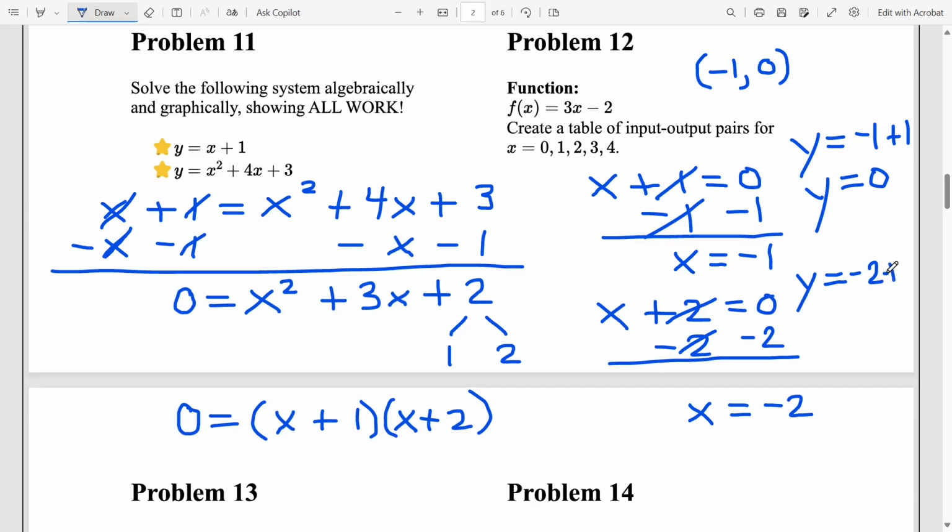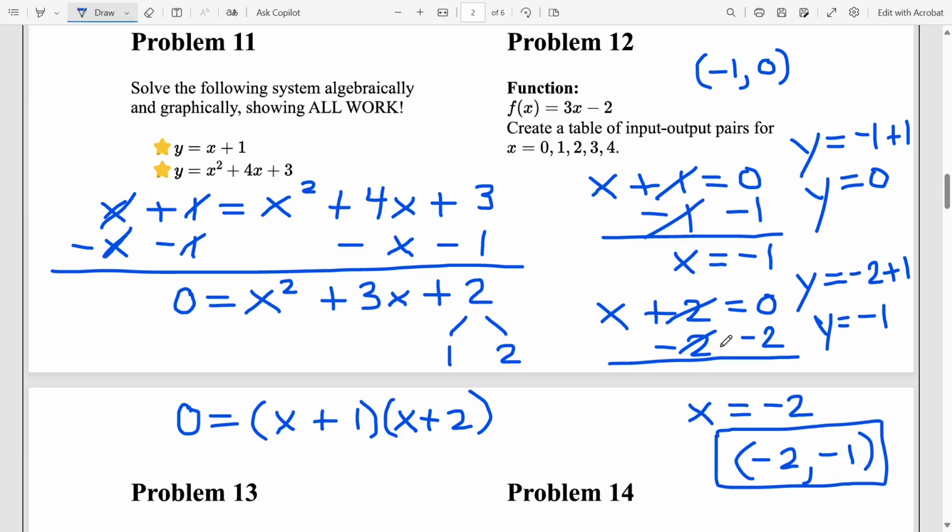Take that top equation. So negative 2 plus 1 is going to be negative 1. So my other solution here is going to be negative 2, negative 1. So I'm going to have negative 2, negative 1 as one of my solutions, and negative 1, 0 as my other solution.